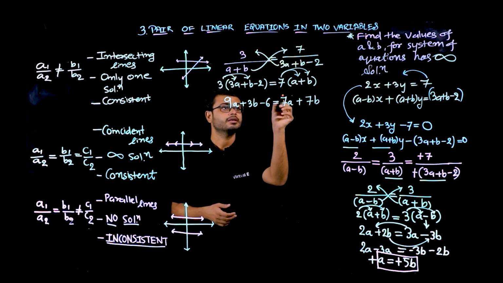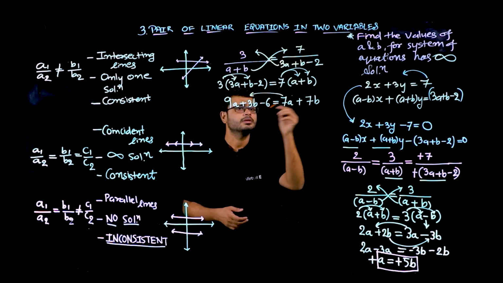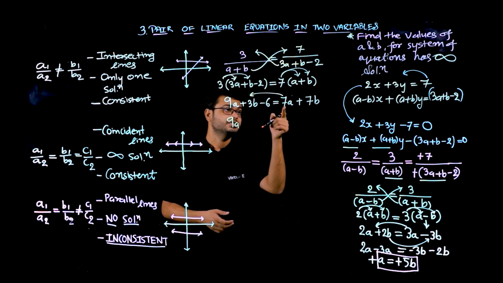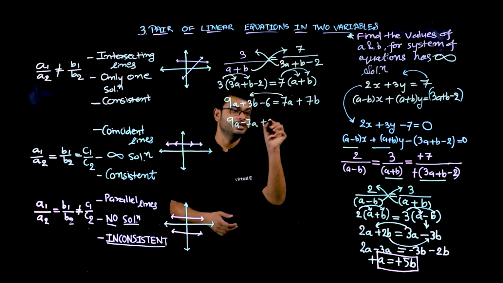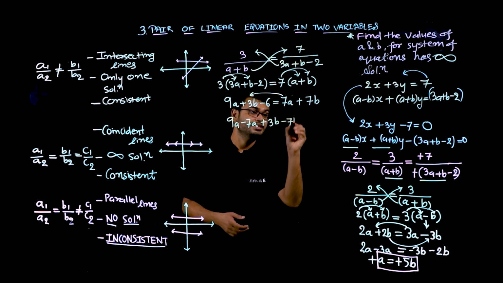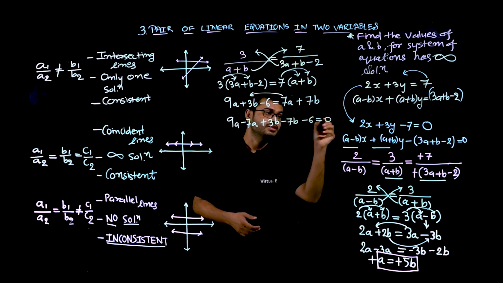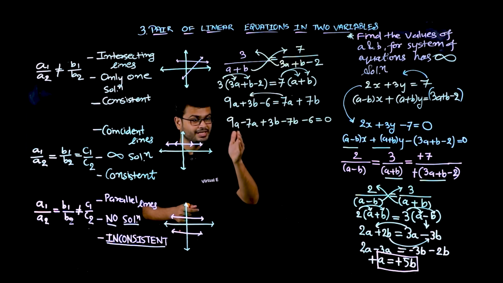So let me collect all the a's this side and b as well. So 9a, this 7a will become minus 7a, plus 3b as it is, then 7b if it comes this side will be minus 7b, and minus 6 as it is. Remember, I have shifted 7a over here, so it will become minus 7a.